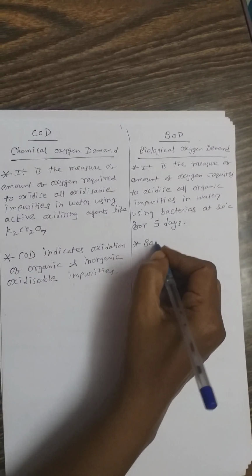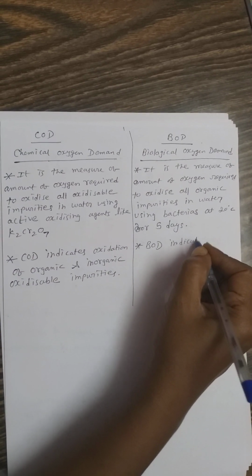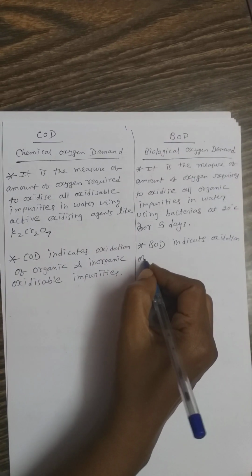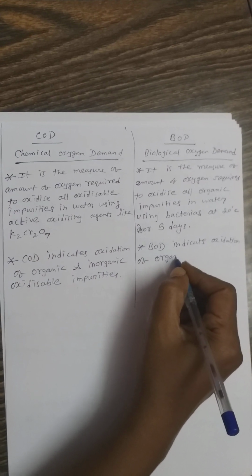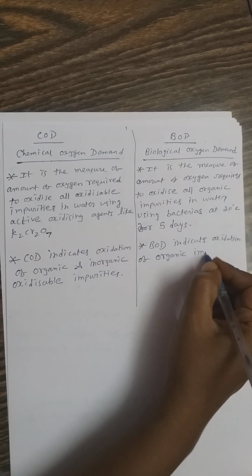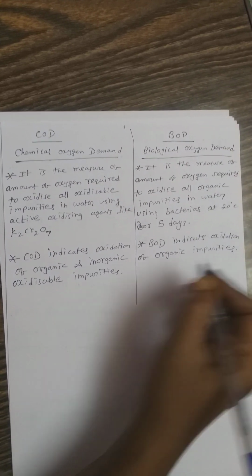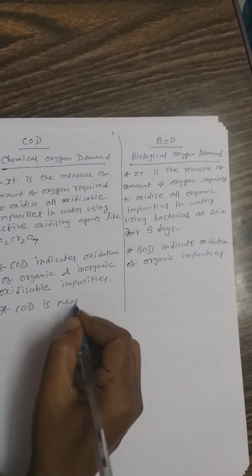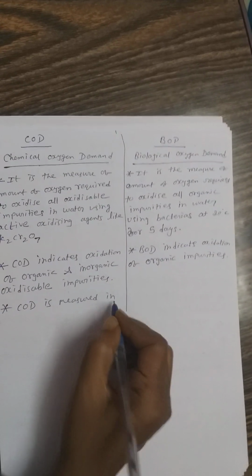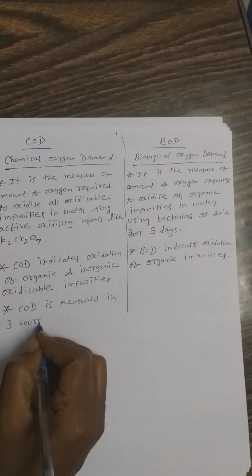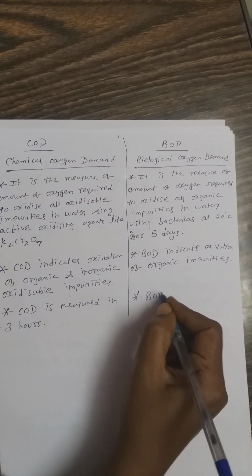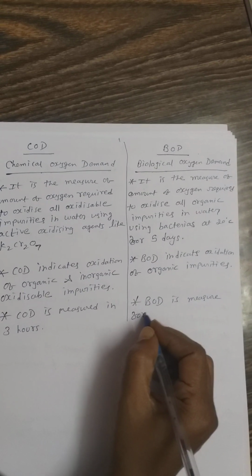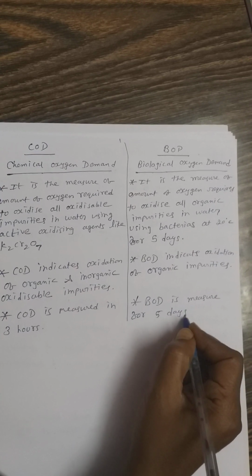Whereas BOD indicates oxidation of organic impurities. COD is measured in 3 hours, whereas BOD is measured for 5 days.